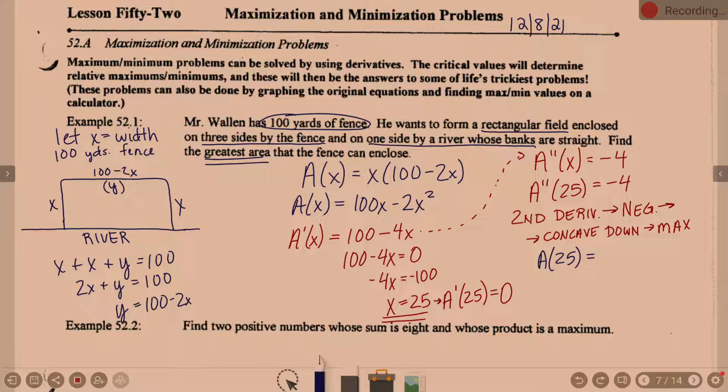I think I'm going to use the factored form: 25 times 100 minus 2 times 25, which is 25 times 50. And 25 times 50, 5 25s is 125. Tack on a 0. 1,250 square yards.